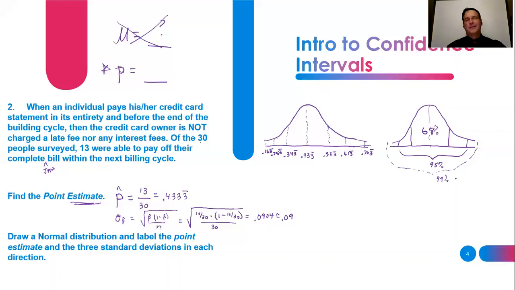And so we can match up these numbers along the horizontal axis to help represent questions that they may ask later on about 68 or 95 or 99% confidence intervals. Now, a little hint, a little trick. I'm going to just tell you, they're not going to ask you for a 68% confidence interval, but I wanted to show you what it was just so you can see the pattern of how things kind of work.